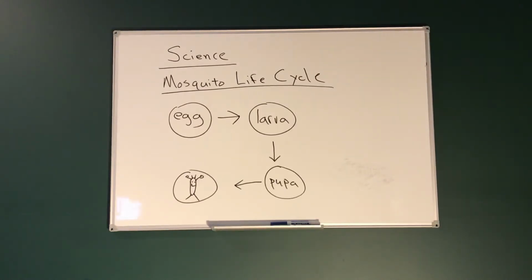Now, we have other insects and animals that also go through a life cycle. Who thinks they can think of another animal that goes through a life cycle?